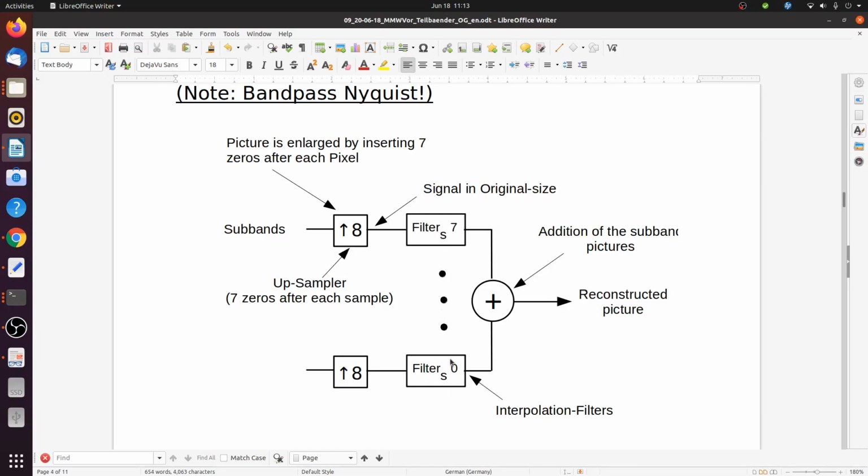So here, synthesis filter 0 to 7. And since the complete image consists of all frequencies, we need to add all frequencies up to get the reconstructed picture. So this is the synthesis filter bank, and again we need to do it for each dimension, horizontally and vertically.